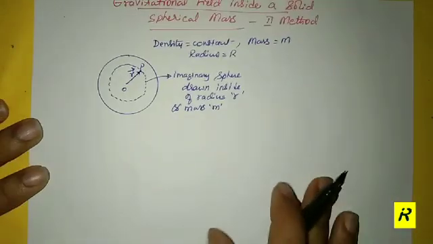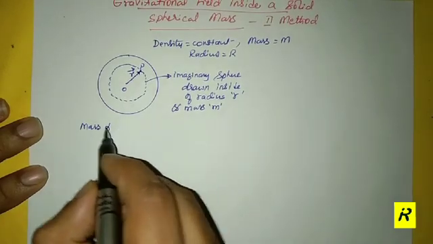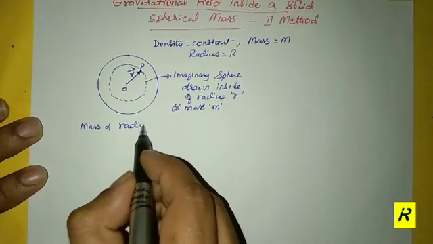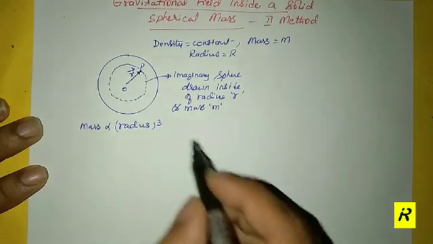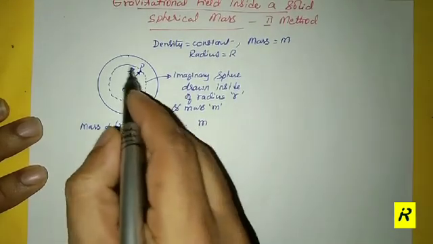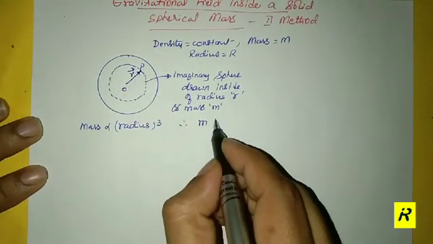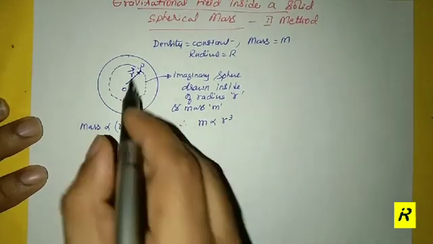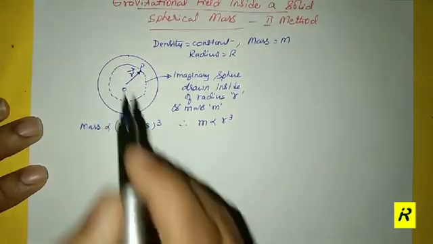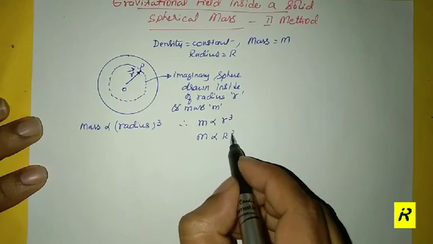See, always the mass is proportional to the volume, otherwise I say so radius cube. Okay, so therefore what I can write, I can simply write m small, that is mass of this imaginary sphere inside, should be proportional to r cube. r is the radius of this one, and M capital should be proportional to R cube.